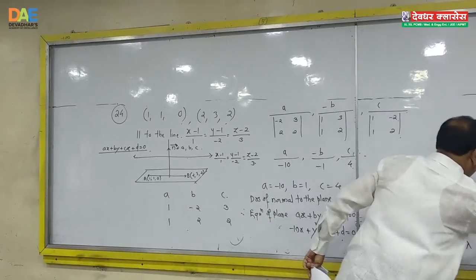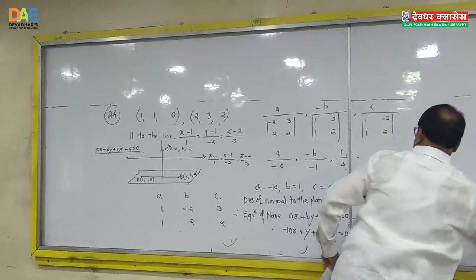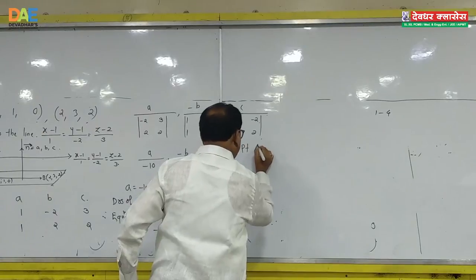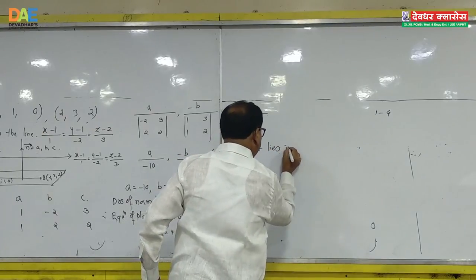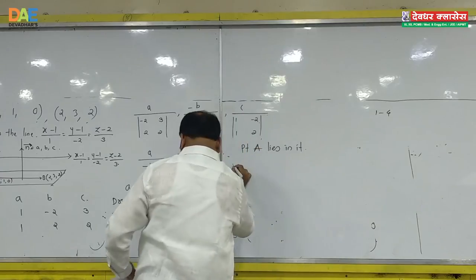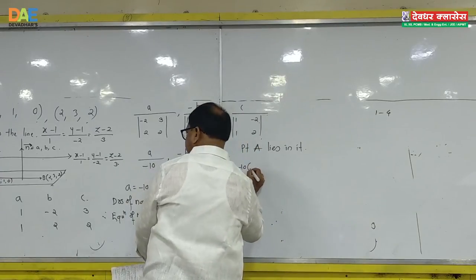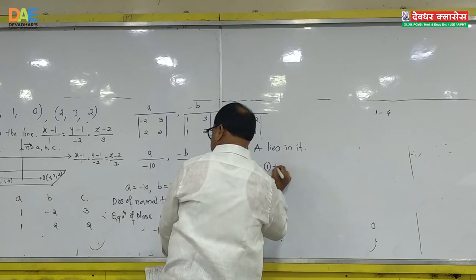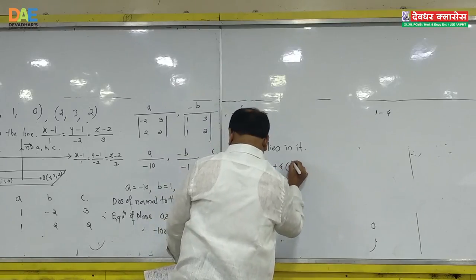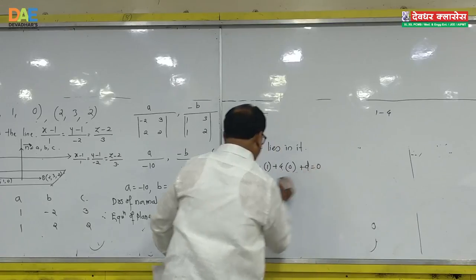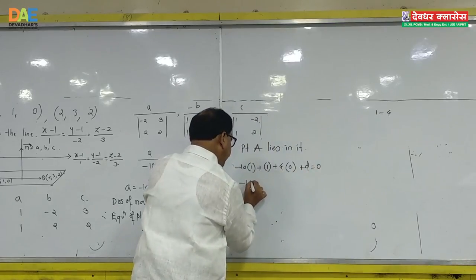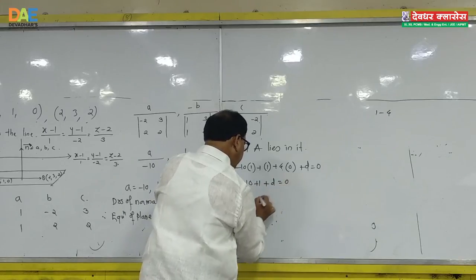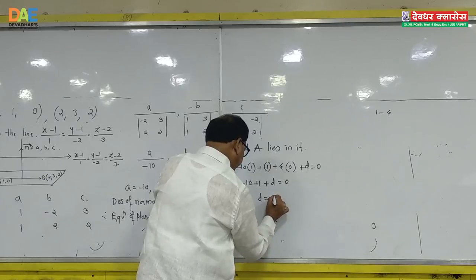Since point A lies in it, therefore minus 10 into 1 plus 1 plus 4 into 0 plus D is equal to 0. Therefore minus 10 plus 1 plus D is equal to 0, so D is equal to 9.